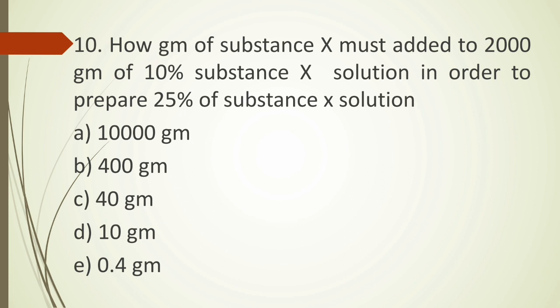In order to make 25% substance X solution, the final mixture means we are using X gram of substance X added to 2000 gram. So the final total mass of the mixture will be (X plus 2000) into 25%.